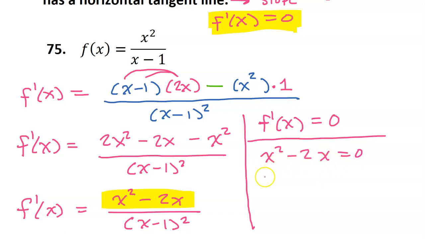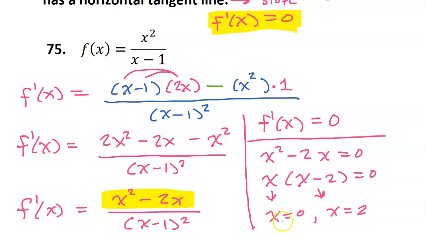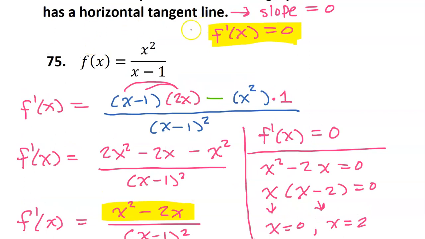We will solve this by factoring: factor out the x, and we have x times x minus 2. Using the zero product property, we set each of these factors equal to 0, and we get x equals 0 and x equals 2. So these are the two x values that will give us a horizontal tangent line.